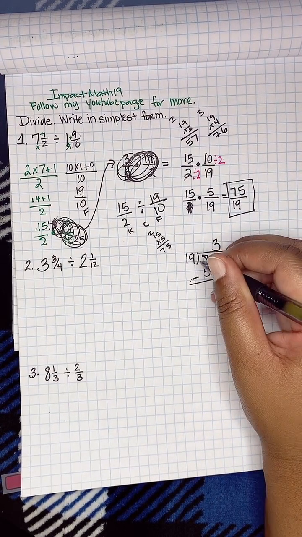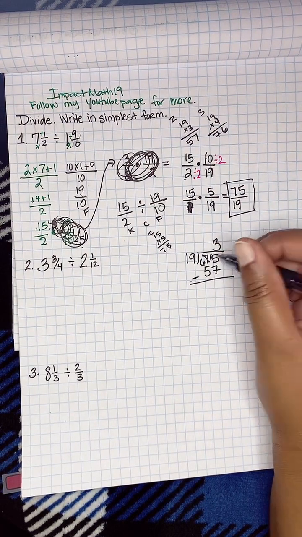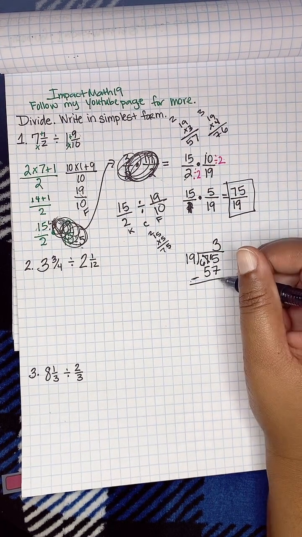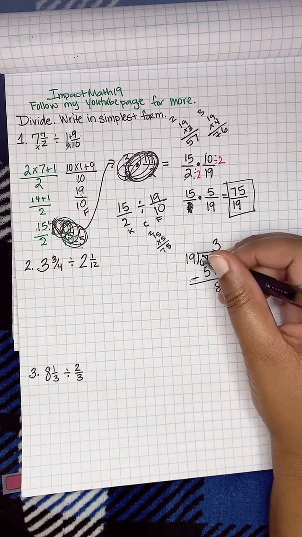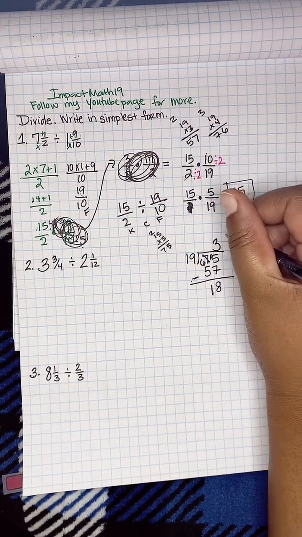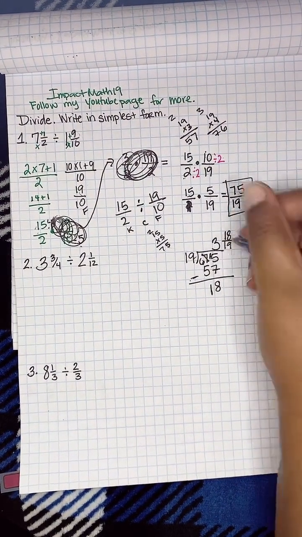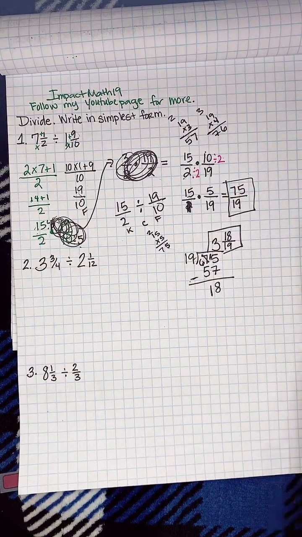So we're going to borrow, make this a 6, and then make that a 15. 15 minus 7 gets us an 8. And then 6 minus 5 gets us that 1. That's where that 18 came from. Thank you, Miss D. So 18 over 19. And that is our answer.